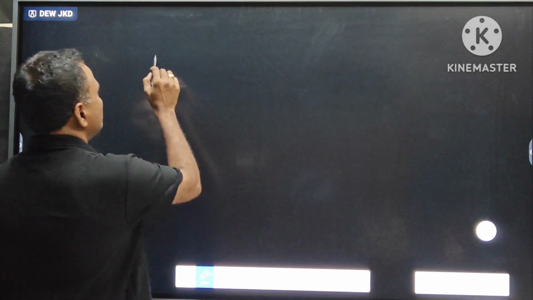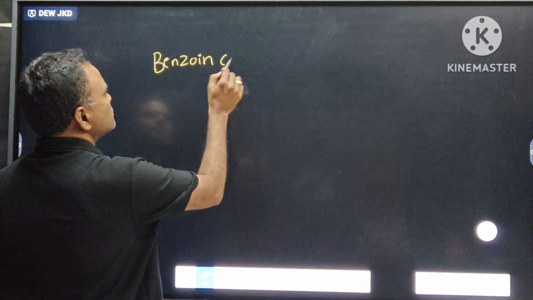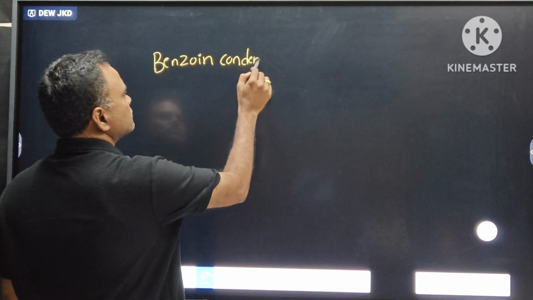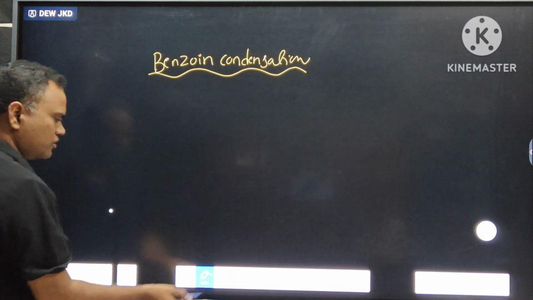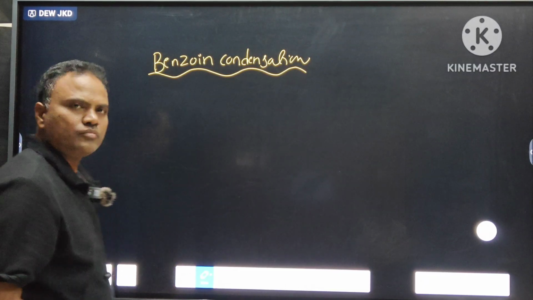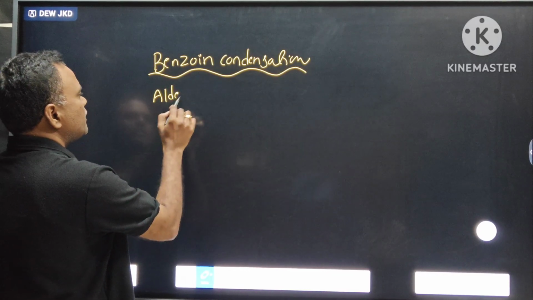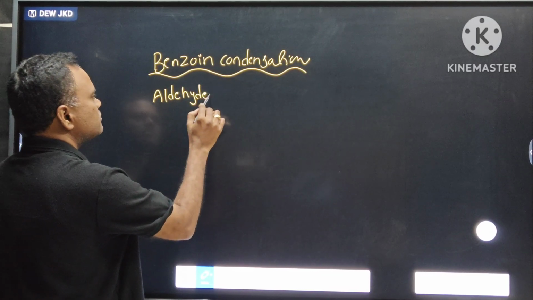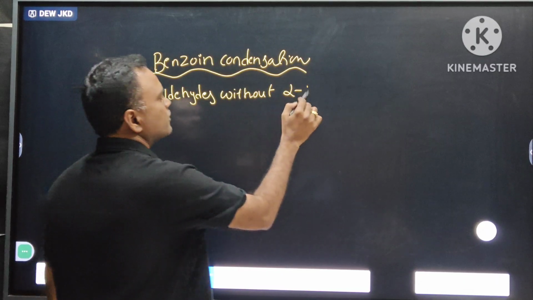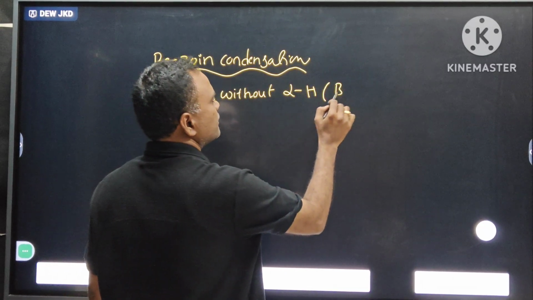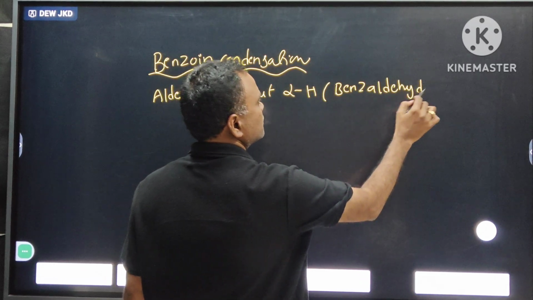Next, last one, benzoin condensation. Aldehydes without alpha hydrogen, say benzaldehyde. Benzaldehyde does not have alpha hydrogen.